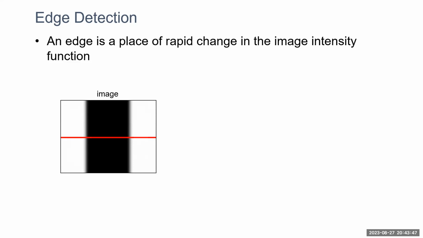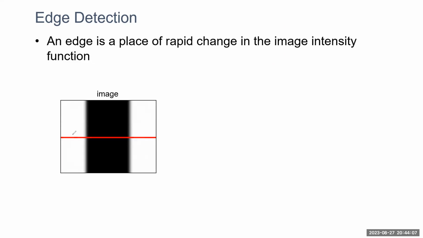Now we are drawing a line like this. We call this line a scan line, right? When you want to analyze an image, we can draw a scan line. It can be vertical or horizontal. So this is a scan line.